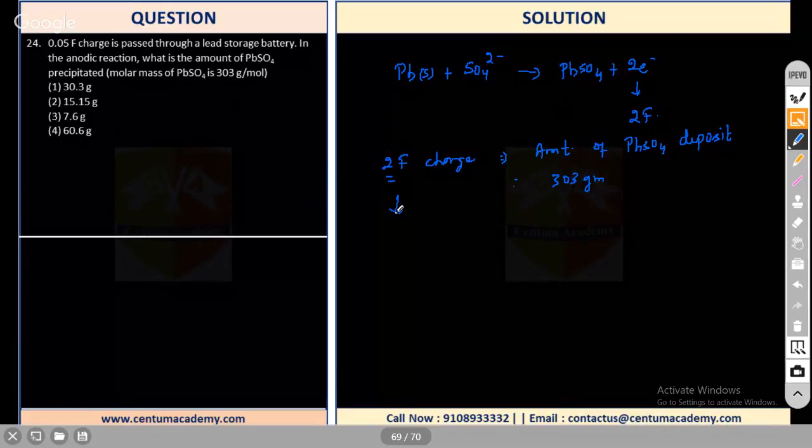Okay, so for 0.05, the mass deposited here is 303 by 2 into 0.05, right? And when you solve this, you'll get 7.6 gram. So answer will be option 3, right? Is that an easy question?